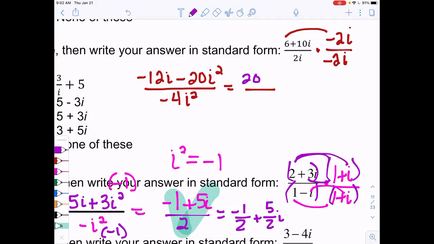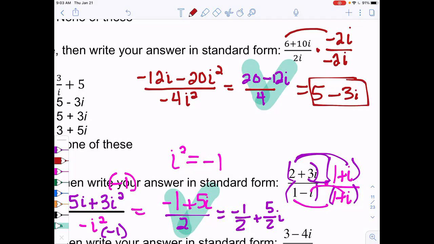Yes, I'm just going to pull that 20 first, and then -12i, and then the denominator is just 4. Yeah. And then simplify that because it should be in standard form. So we want to divide each by 4, and Kaden, that makes 5 minus 3i.